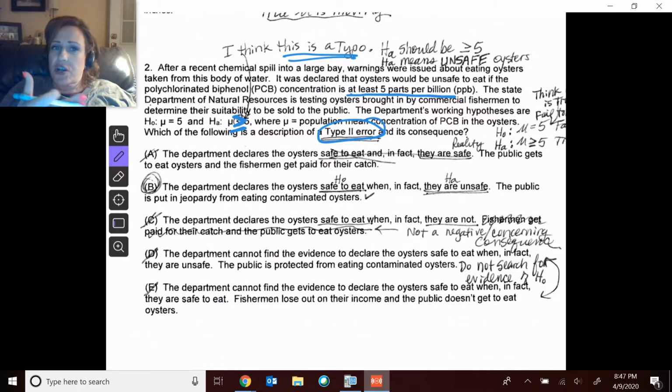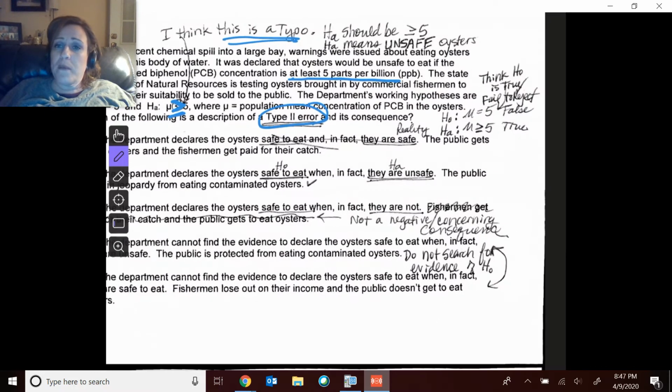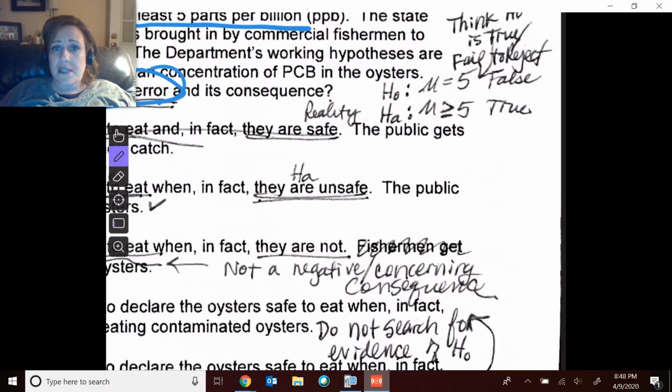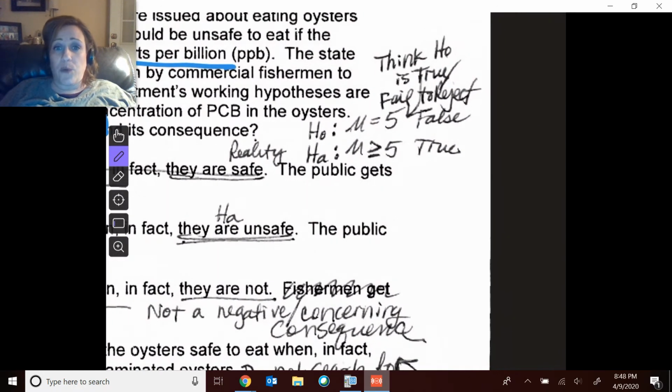And so we're going to start off saying that the oysters are okay unless we measure that they have 5 or more parts per billion of this type of chemical in them. Okay, so now remember that when we talk errors, you have to be clear on your H0 and your HA.